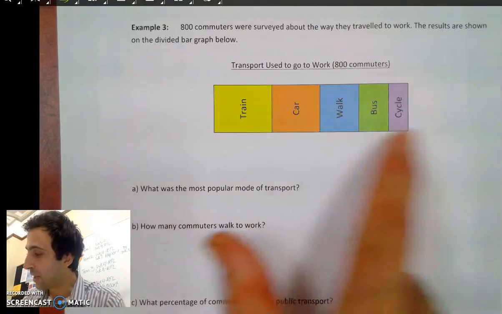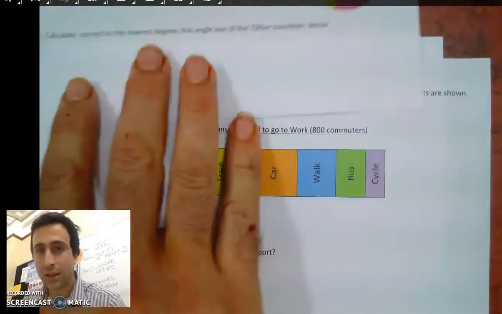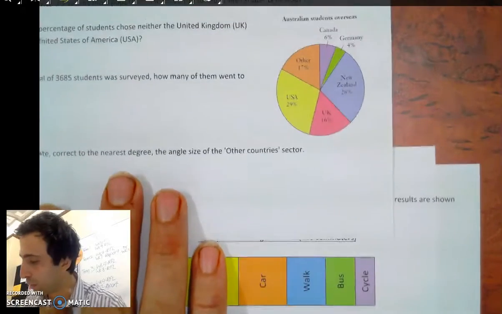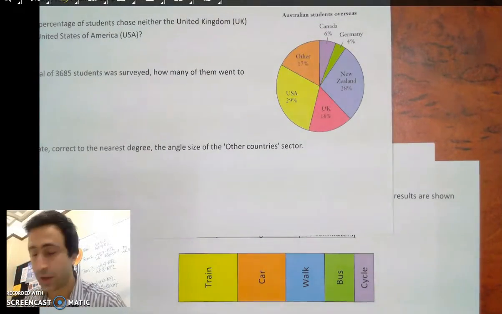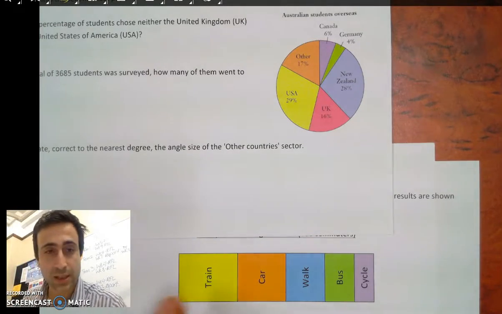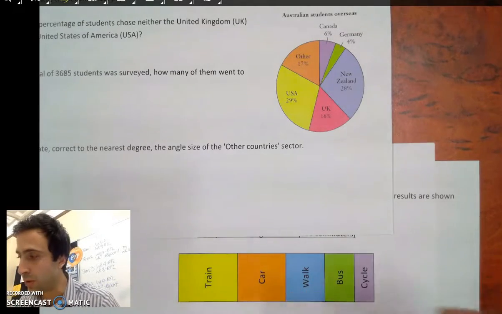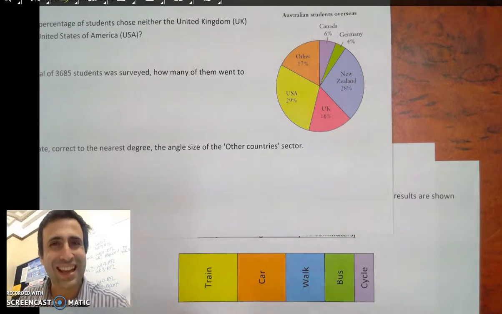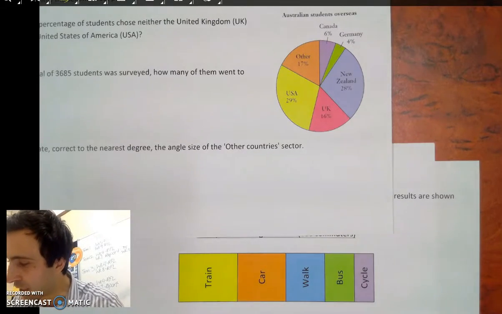Now what makes bar charts and pie charts so good is you can immediately see proportion. You may not get the exact numbers, but the largest bit takes up the most space, and so they're really great visual cues. But they lack a little bit of information. This pie chart has percentages.